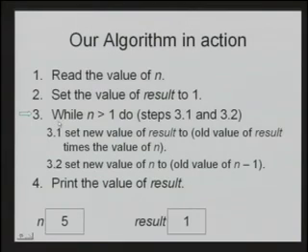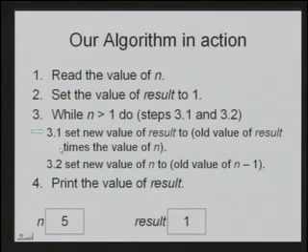This particular line in the algorithm is essentially just going to check whether or not n is greater than 1. The current value of n is 5, which certainly is greater than 1, and therefore the result of this condition is true, and therefore we are supposed to execute the steps 3.1 and 3.2.